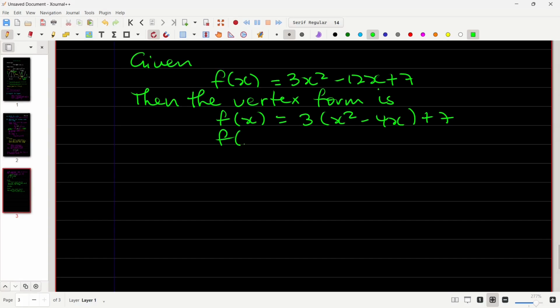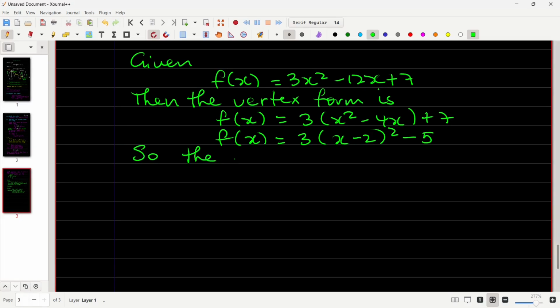So that means that here would be 3 into x minus 2 close bracket squared, and then 3 by -2 squared, and then add 7, which should be -12 plus 7, which is 5, right? And then we get that.